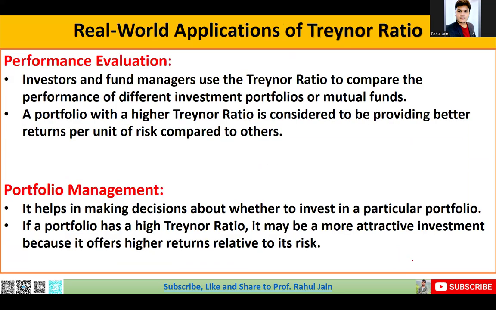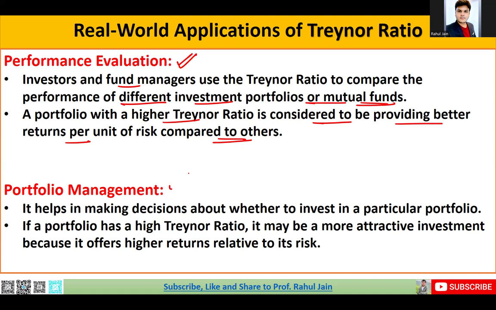Now, where do we use it in the real world? In performance evaluation, investors and fund managers use the Treynor ratio to compare the performance of different investment portfolios or mutual funds. A portfolio with a higher Treynor ratio is considered to be providing better returns per unit of risk compared to the others.